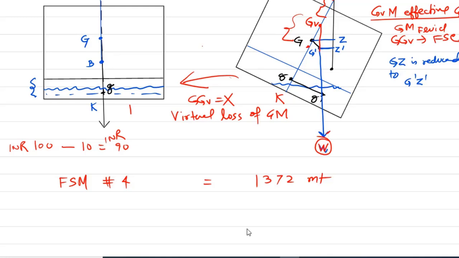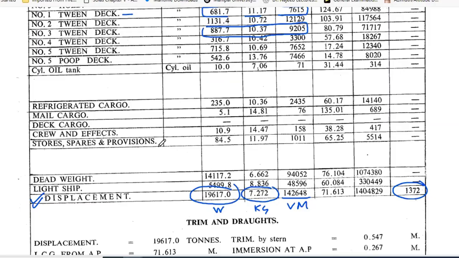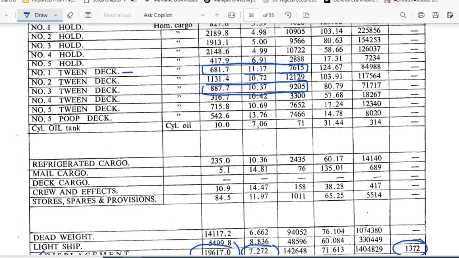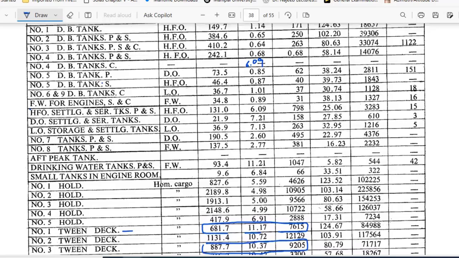Fair enough? Yes, sir. Now what you did: you emptied the settling and service tank. Where is the settling and service tank? HFO settling and service tank.